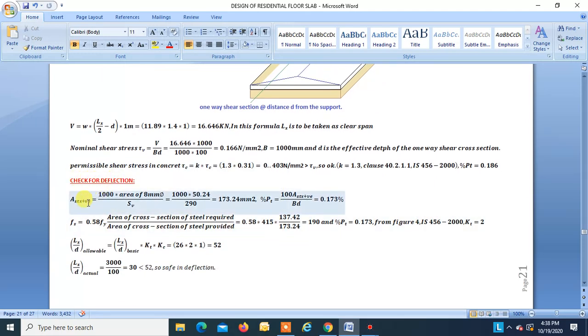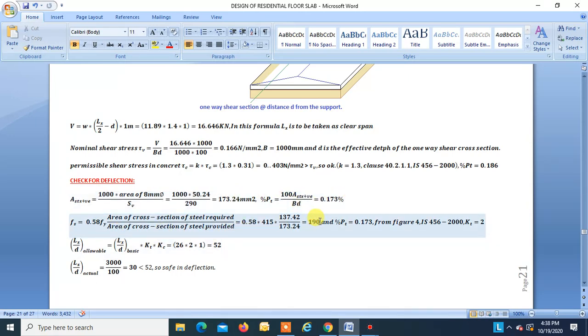Similarly, check for deflection. Our tensile steel will be ASTX positive because we are measuring deflection at the center midspan. So that is equal to 173.24. PT is 0.173.